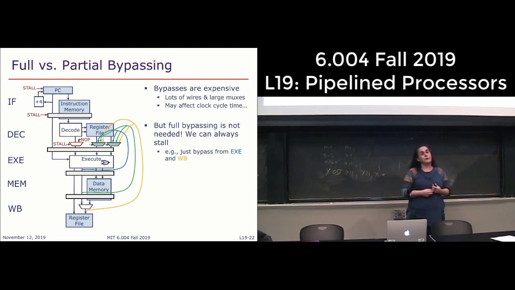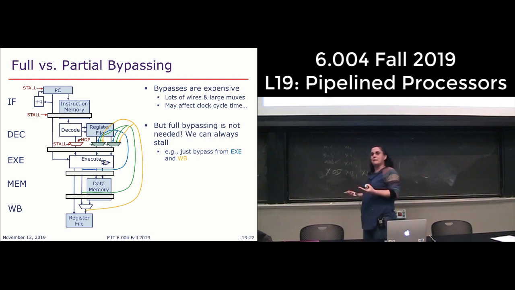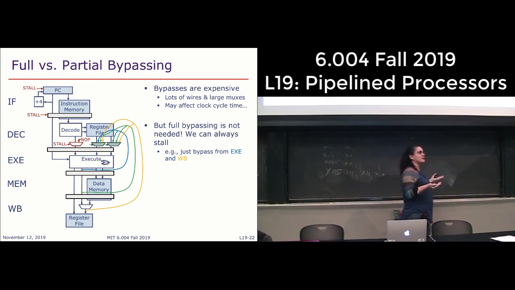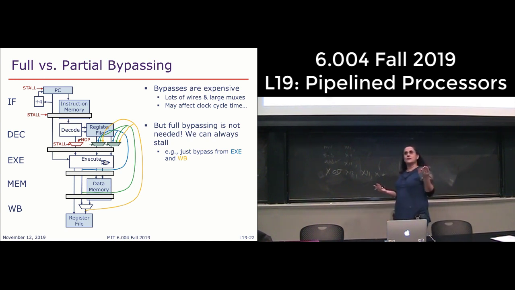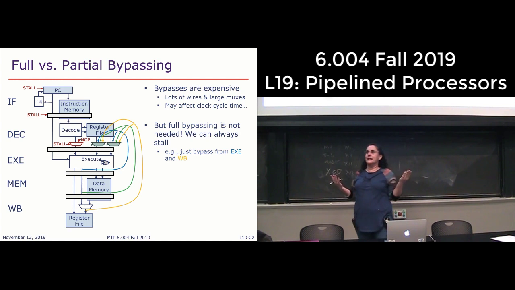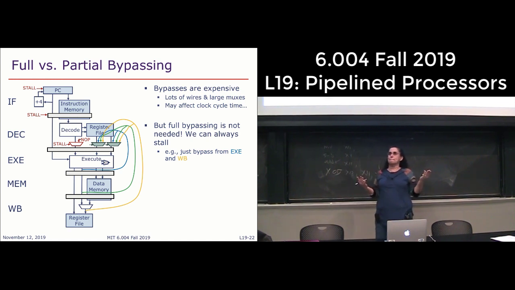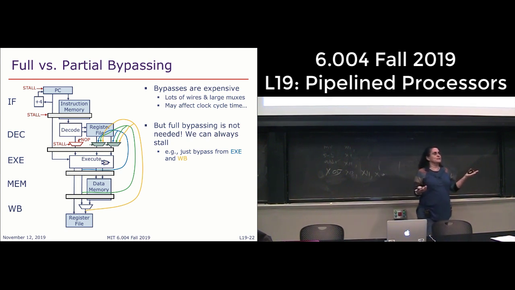So what we saw is that the reason that bypassing worked for ALU instructions is because their result was ready as soon as the execute stage. But for which instruction is the result not ready by the execute stage? My load instructions, right? My load instructions have to go through the memory stage.